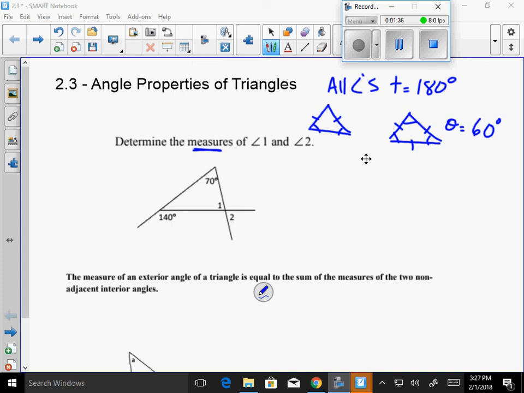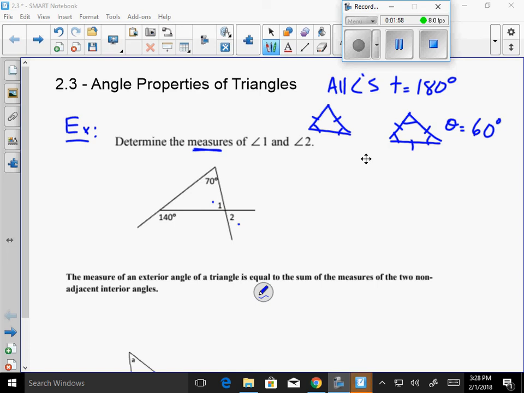All right, so let's do a quick one here, just to show you what I mean. So this is the first example we're going to be doing today. So we want to find these two measurements. I can already tell that they are going to be equal because they're vertically opposite. So I'm not too worried about having to solve for one or both when I can just solve for one.